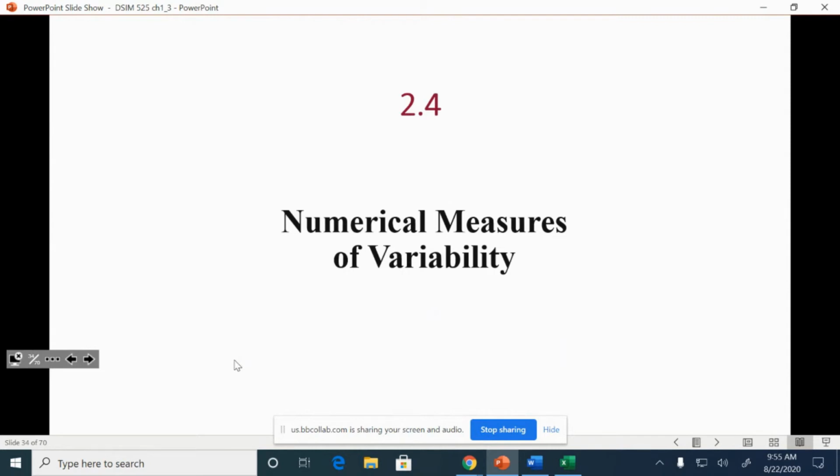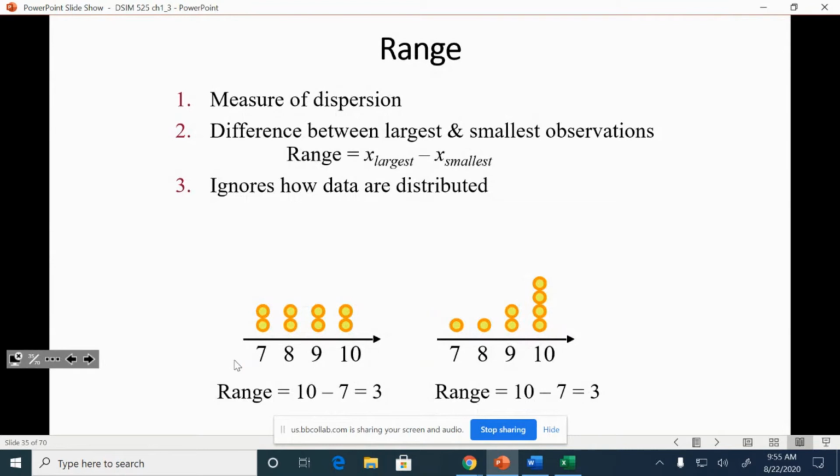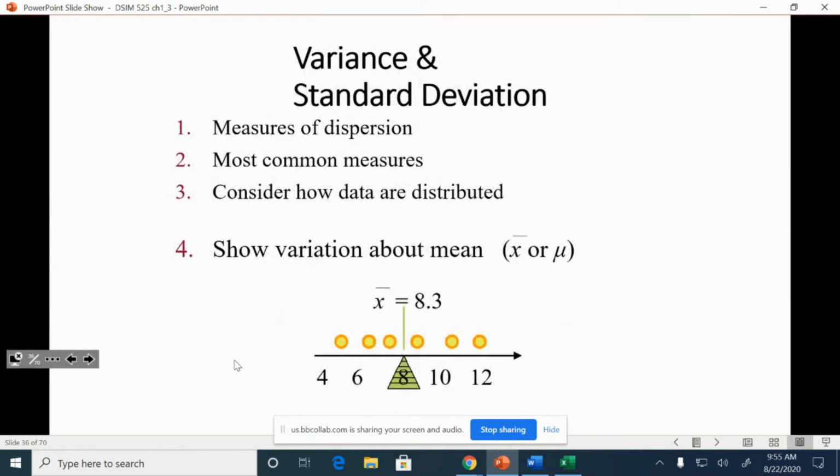We also have measures of variability. We have the range, which I'm sure you've heard of, measure of dispersion, where we order the numbers, we take the largest and we subtract the smallest, and it ignores how the data is distributed. More importantly are the variance and standard deviation. Have you guys heard of variance and standard deviation?